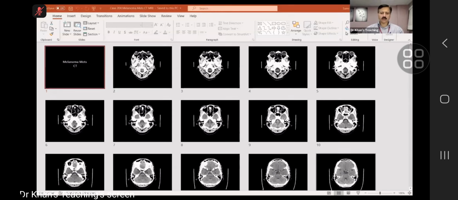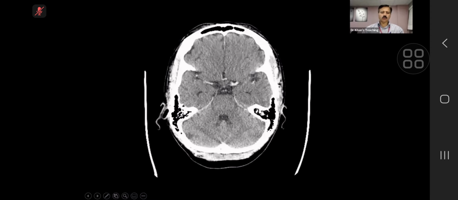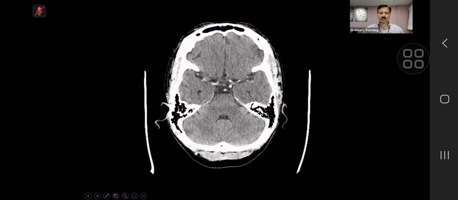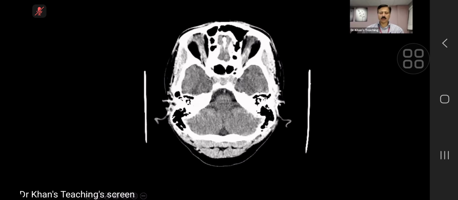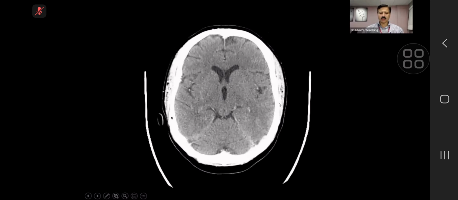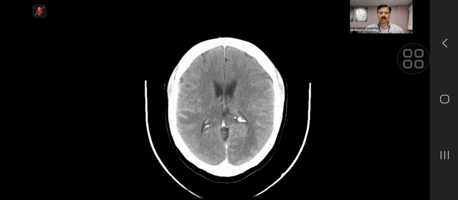So I am going to show you a case which is a CT scan. Unfortunately, I don't have a pre-contrast for this patient, but there are a few learning points on this case. This patient presented with a lot of neurology, and patient was a known case of melanoma.